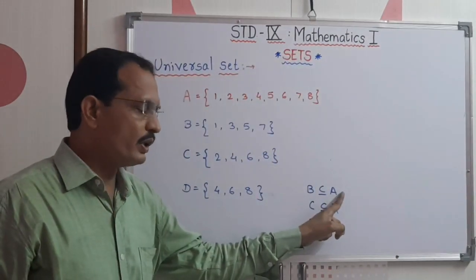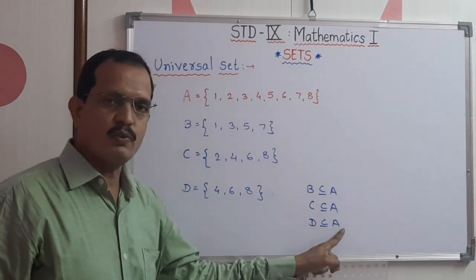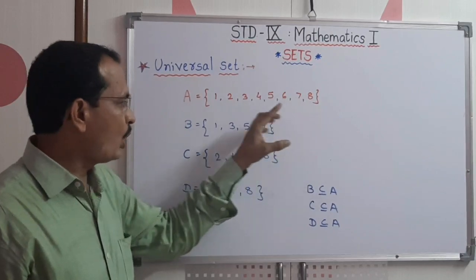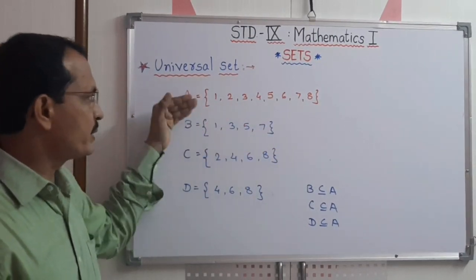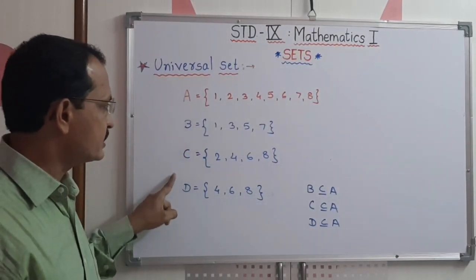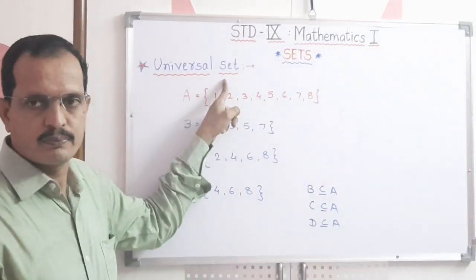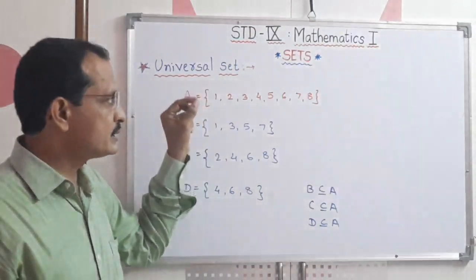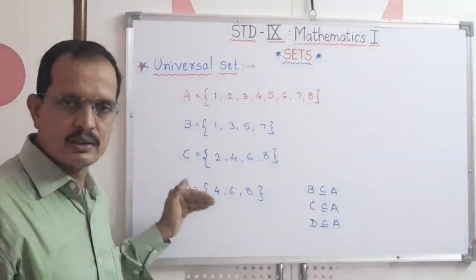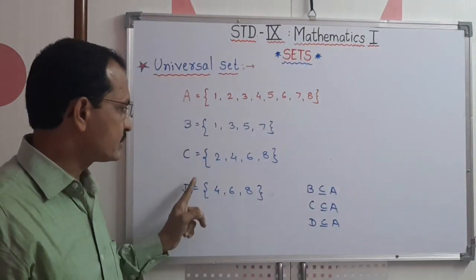B is a subset of A, C is a subset of A, D is a subset of A. All the elements of these three sets are present in set A. Therefore, we say that A is a universal set. A universal set is always a bigger set in consideration of the remaining given sets.